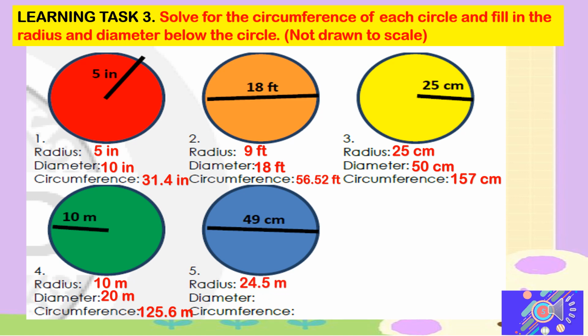And the last one, we have the radius of 24.5 meters, because the given is diameter, so we have to divide the diameter by 2 to get the radius. So the diameter is 49 meters, and the circumference is 153.86.